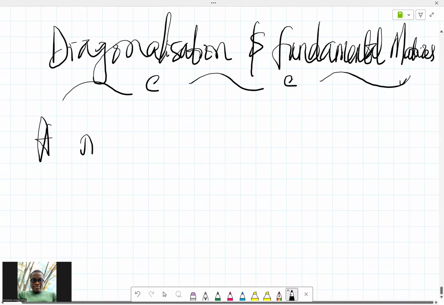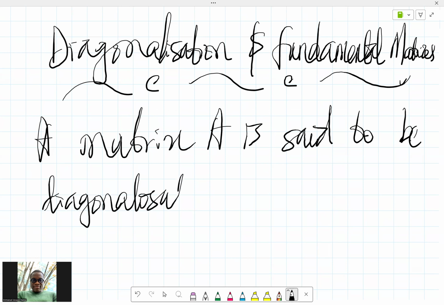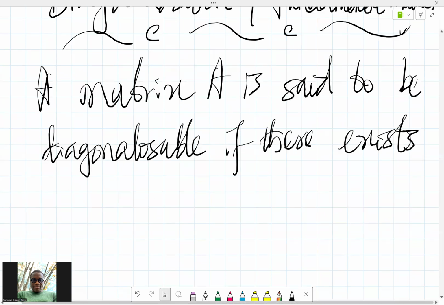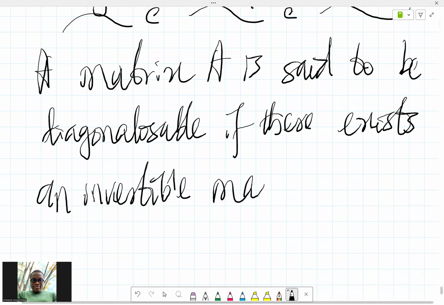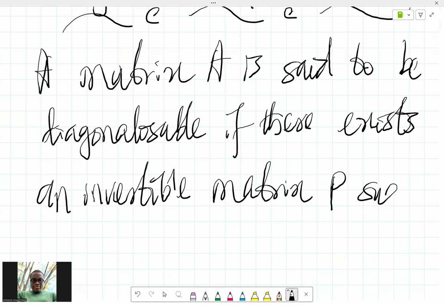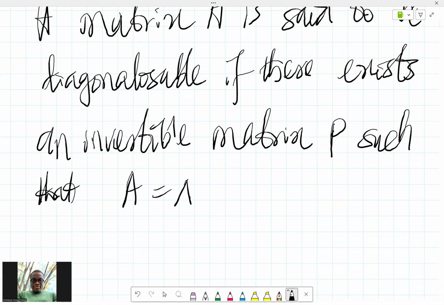We say that a matrix A is said to be diagonalizable if there exists an invertible matrix P, like that matrix now, we could find its inverse, that's why it is invertible, such that A equals P Λ P inverse.